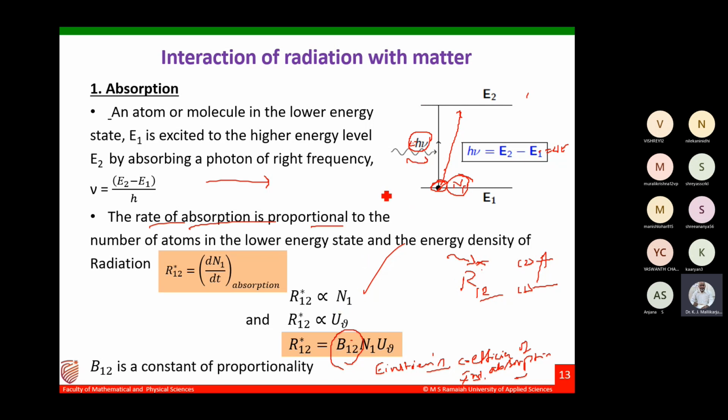This process can happen only in the presence of external radiation. That's why we are using this star notation, and the suffix represents whether the transition is going from 1 to 2 or 2 to 1.